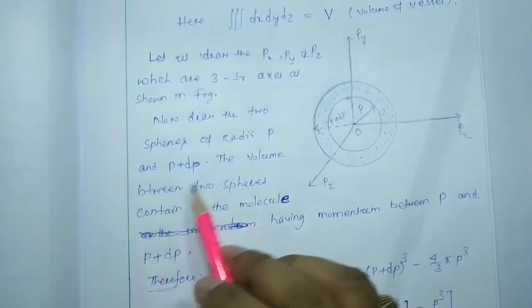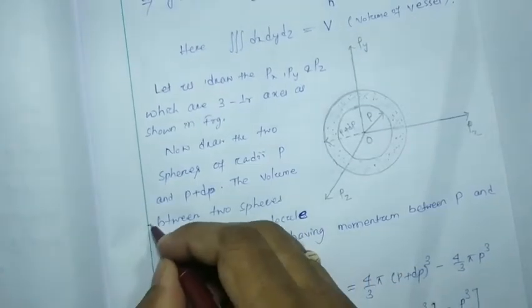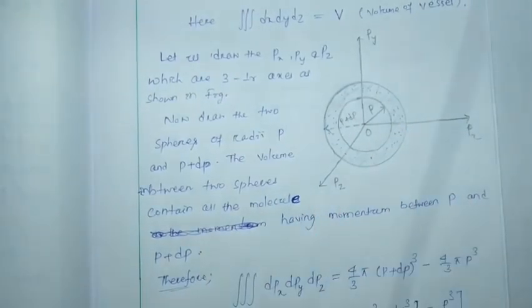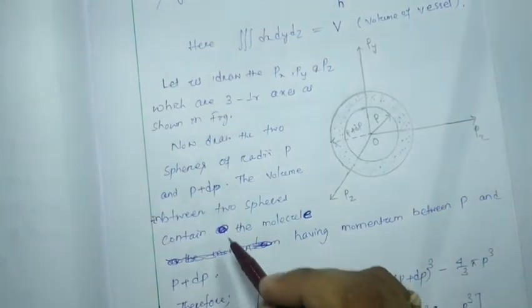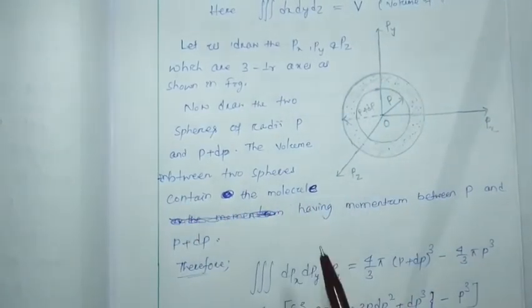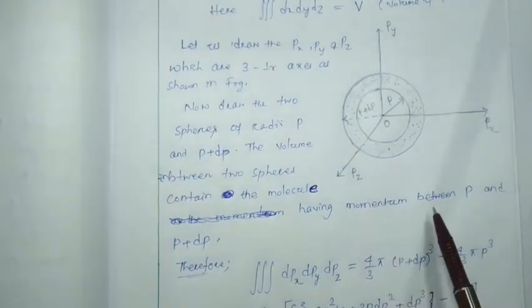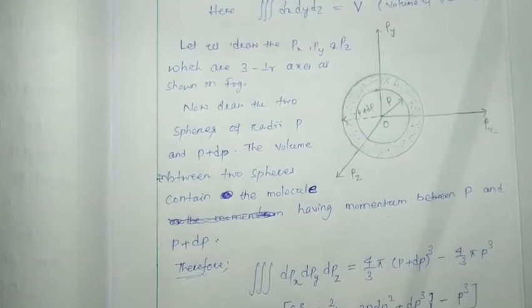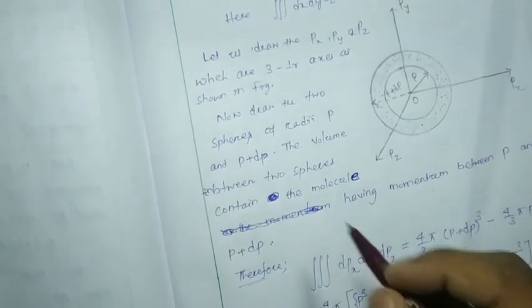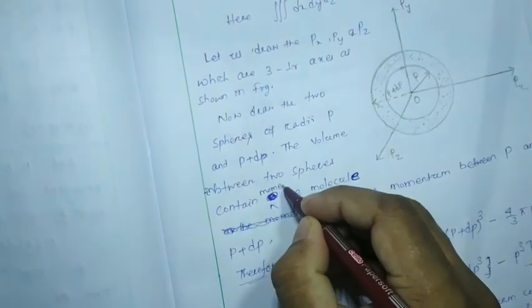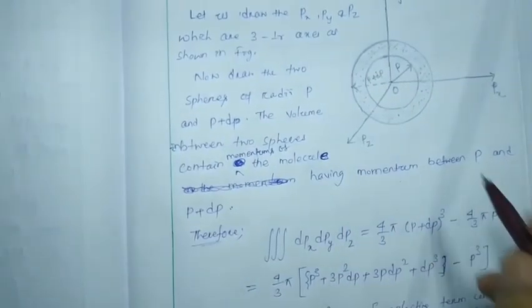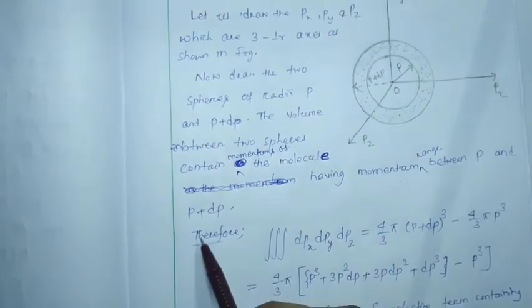The volume in between the two spheres contains the momenta of the molecules having momentum in the range between p and p plus dp.